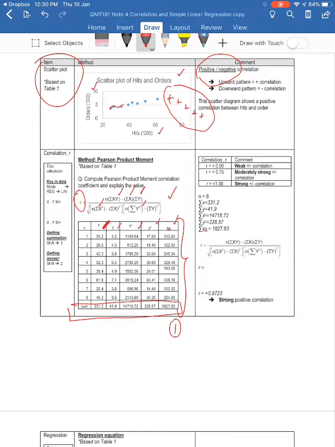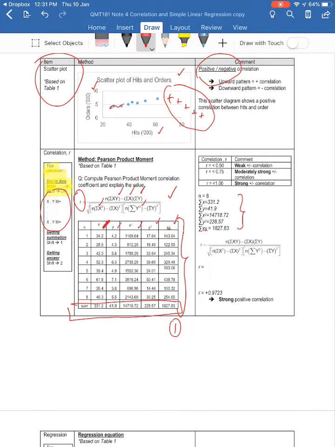Okay, for those who are familiar with the calculator function, you can have this answer by using this. Okay, and to key in data, make sure you tekan ni mode regression linear, and then make sure you key in mesti x dulu baru y, kalau tak nanti jawapan you terbalik.